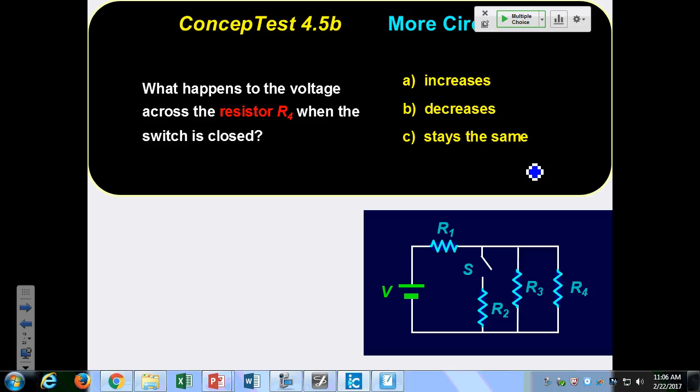Let me just recap. This resistance decreases when I add a resistor in parallel. Because the resistance decreases, the voltage also decreases. But if I have R1 and R equivalent of 2, 3, 4, I'll call it 2, 3, 4 because it's those three resistors, if this resistance goes down, the voltage also decreases.